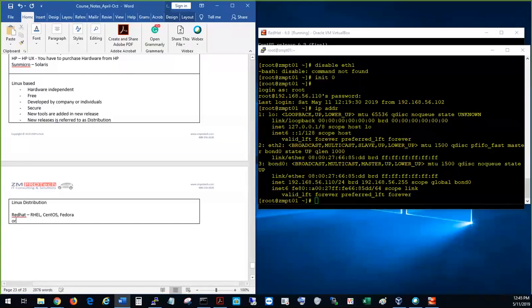Then Oracle has it. Oracle is called OEL, Oracle Enterprise Linux. That's what it stands for. And then SUSE, I think SUSE is a French company.